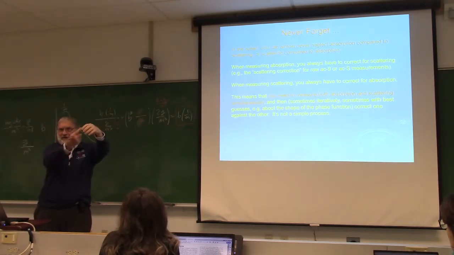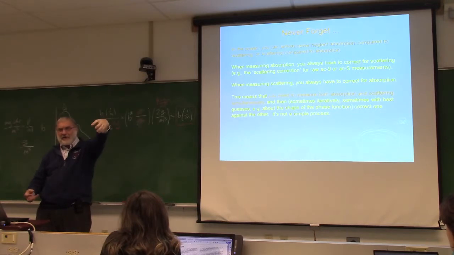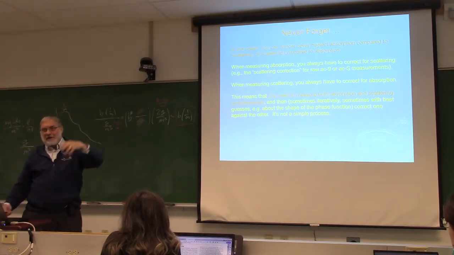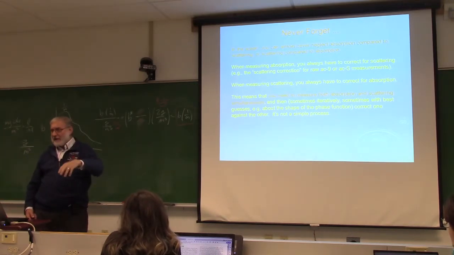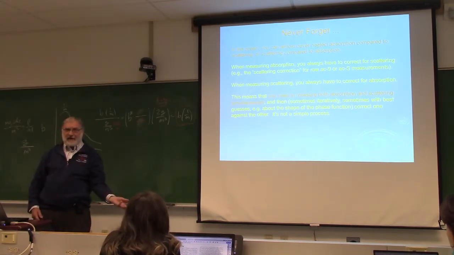Well, you're interested in the scattering, but of course light's also being absorbed along the way between where it's scattered and where you detect it. There's absorption along that. So to get a good scattering measurement, you need to correct for absorption. To get a good absorption measurement in your AC9, you need to correct for scattering.